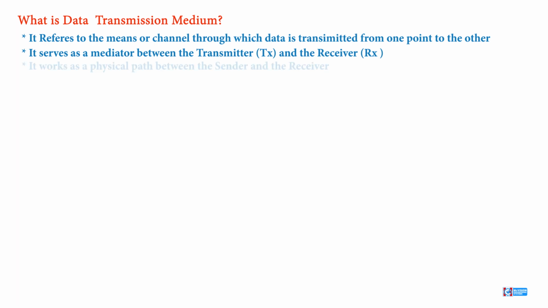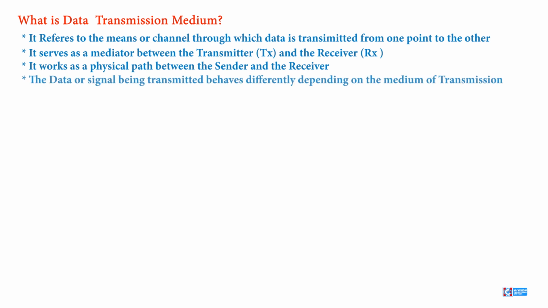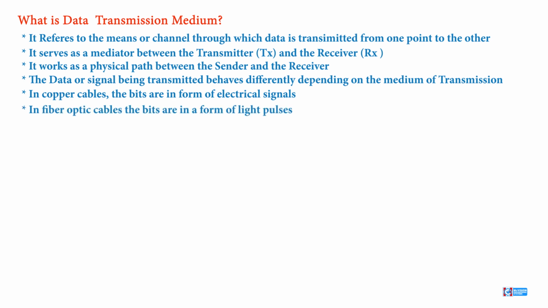In data communication, transmission medium works like a physical path between the sender and the receiver. The data or signal being transmitted behaves differently depending on the transmission medium. In a copper cable network, the bits are mainly in the form of electrical signals, whereas in a fiber network, the bits are mainly in the form of light pulses.